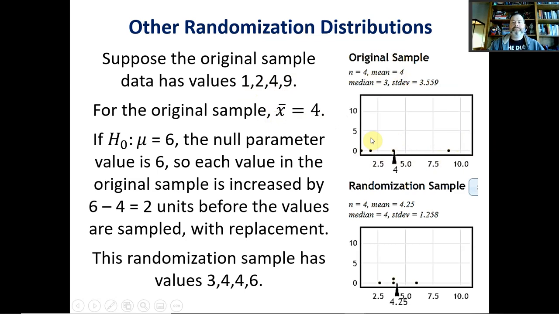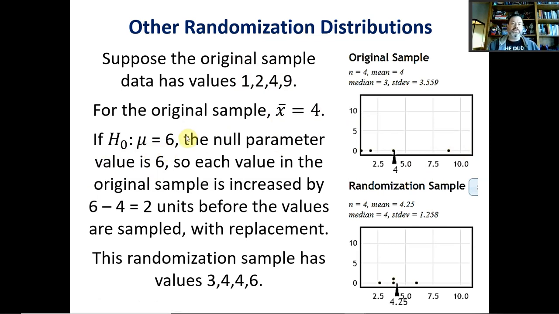Nothing fancy going on there. If we were to do bootstrapping, we would sample with replacement from this, and we would get a distribution. Maybe it wouldn't look so great, but we'd get a distribution. So let's say the null hypothesis is that mu equals 6, and this is a sample from a population where we suspect that mu equals 6.